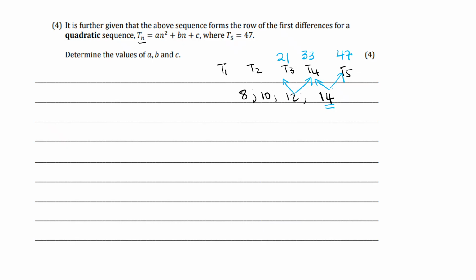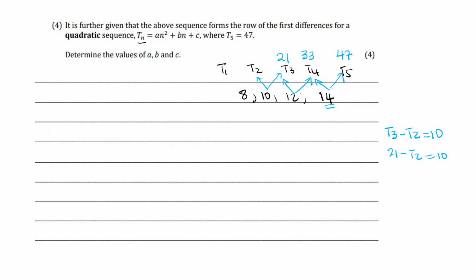Then to get the next term, we add T2 plus 10 to get that 21. So we need to subtract to find that difference, because look at this: T3 minus T2 gives us an answer of 10. We know T3 is 21, so 21 minus T2 is equal to 10.